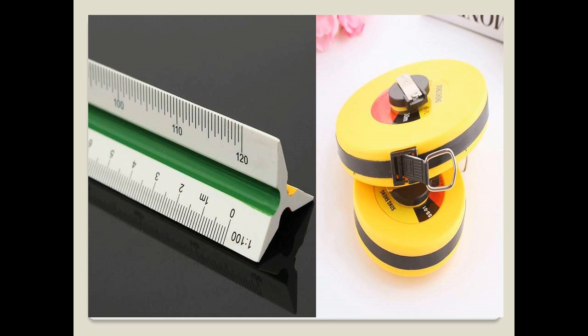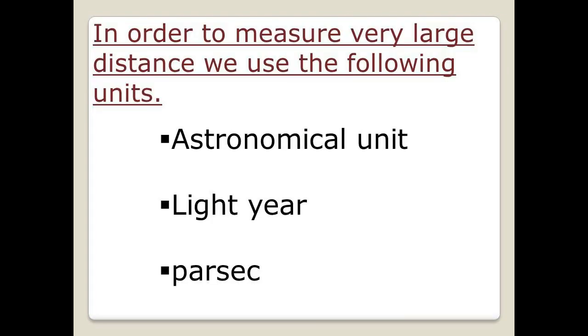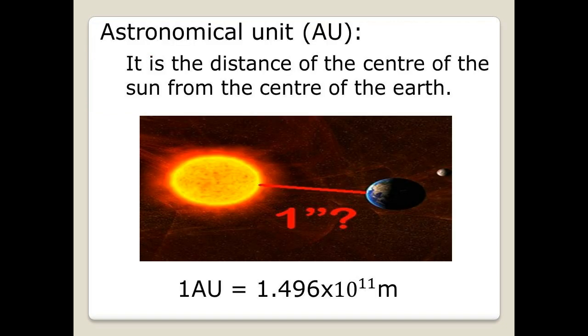For smaller distances, we use a scale, tape, or meter scale. How can we measure longer distances like planets? In order to measure very large distances, we use the following units: astronomical unit, light year, and parsec. What is an astronomical unit?